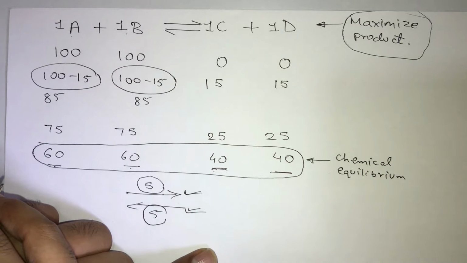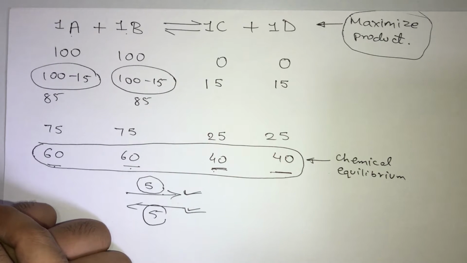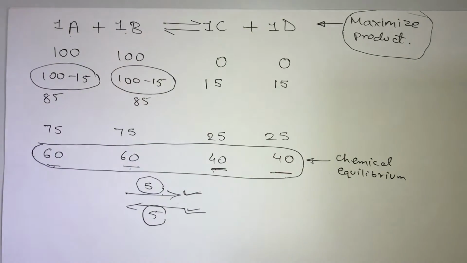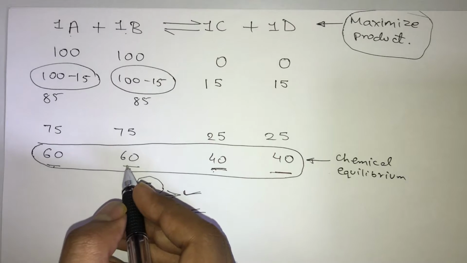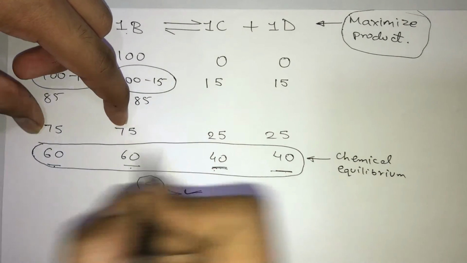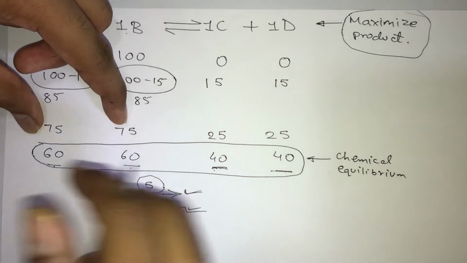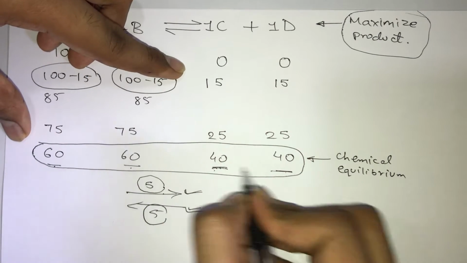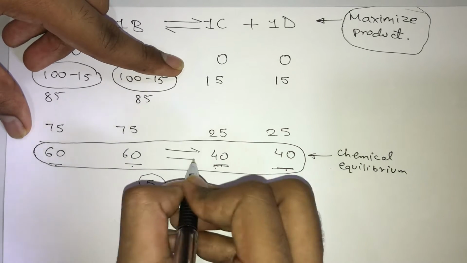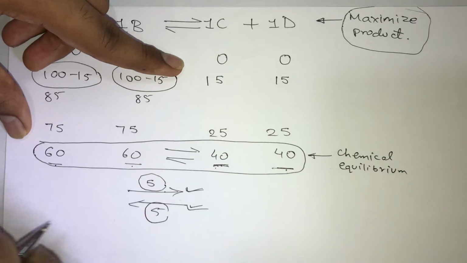So guys, can I say you are not a good producer because out of 100 moles supplied, 60 moles are as it is and you are getting only 40 moles as product. So can I say that you are getting less amount of product because a chemical equilibrium has been established.